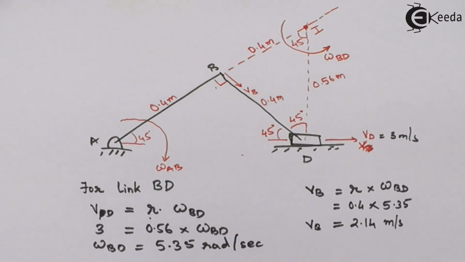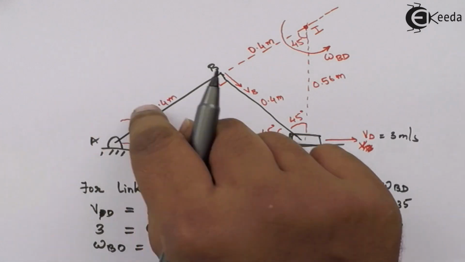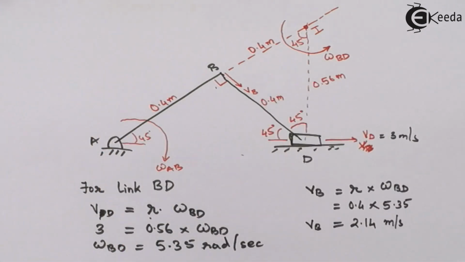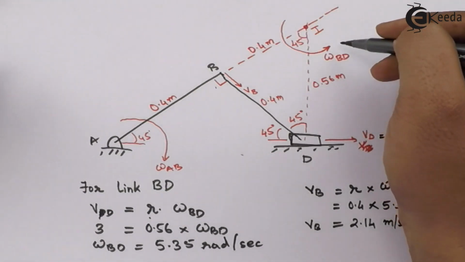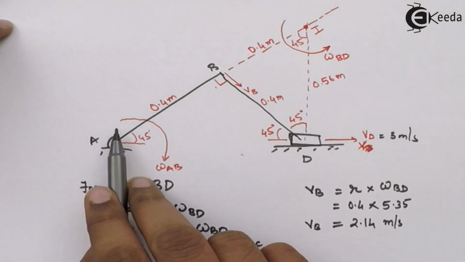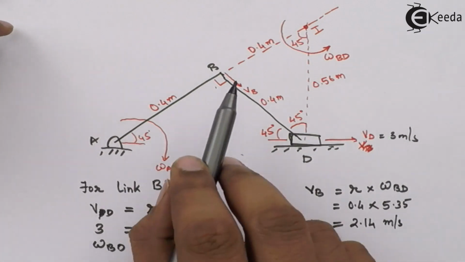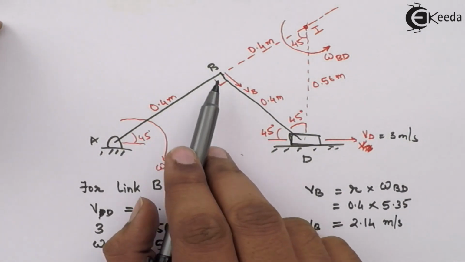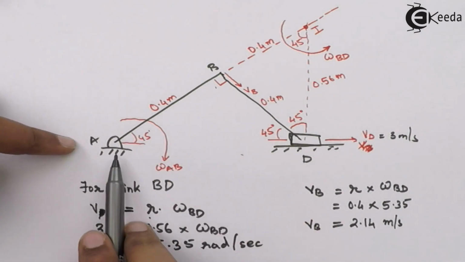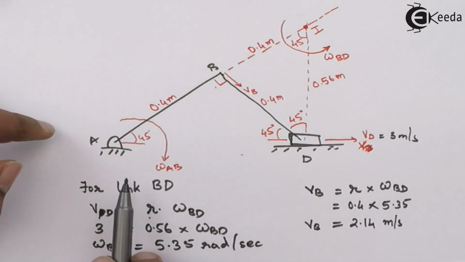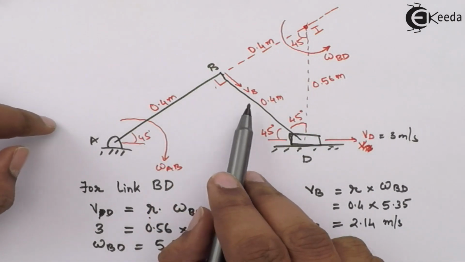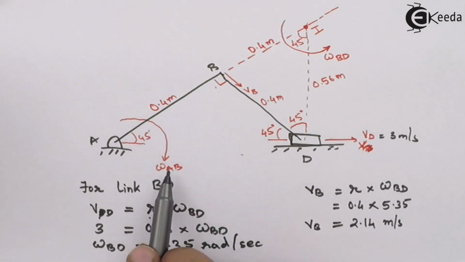Now the next step is to find out the angular velocity of this link AB. Now as we have done for omega BD, same thing I can do for omega AB. I know that VB is going in this direction because of this link rotating in clockwise direction. So I can say that VB is R omega AB.